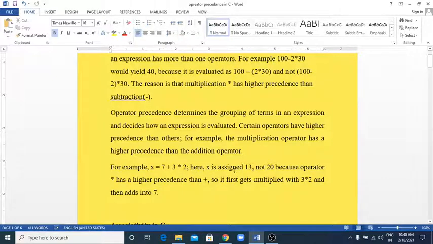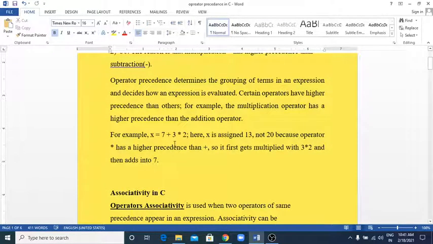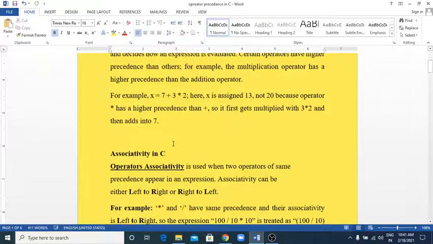Here x is assigned 13 because the output of this expression is 13. Why is it not 20? Because the multiplication operator has higher precedence than the addition operator. So first 3 is multiplied by 2 and then added to 7. So this is operator precedence in C.